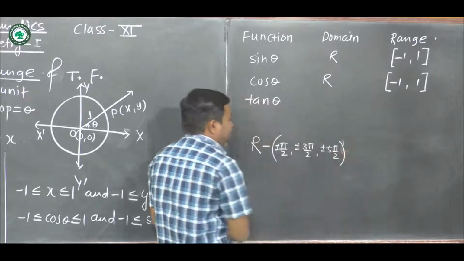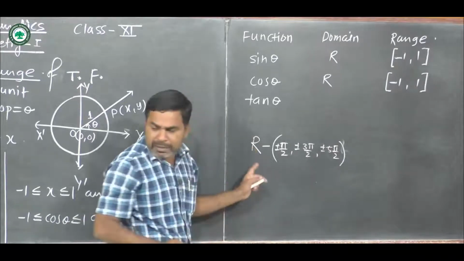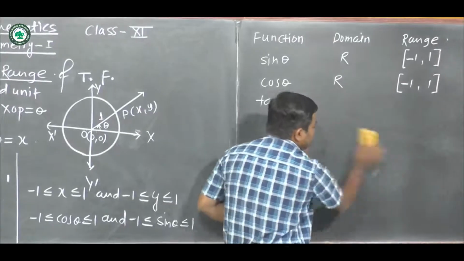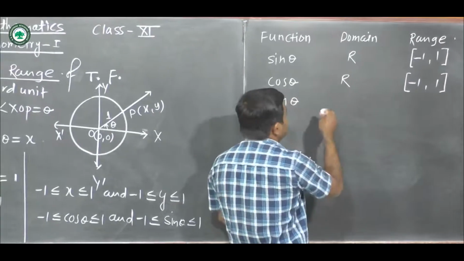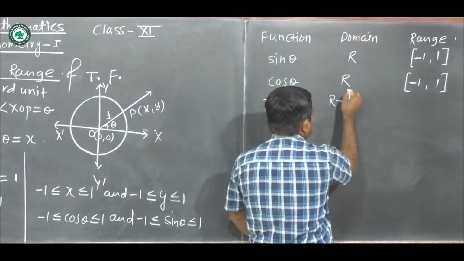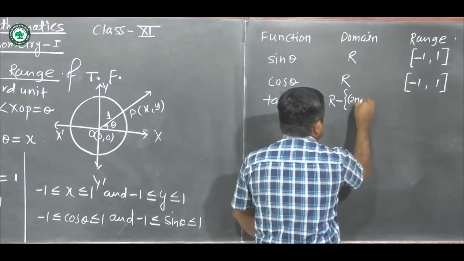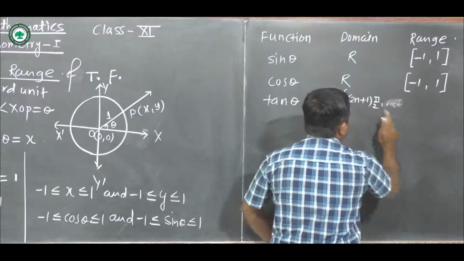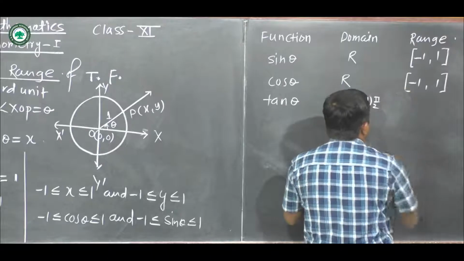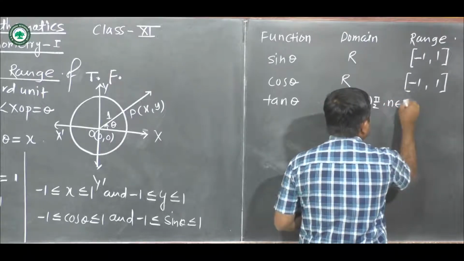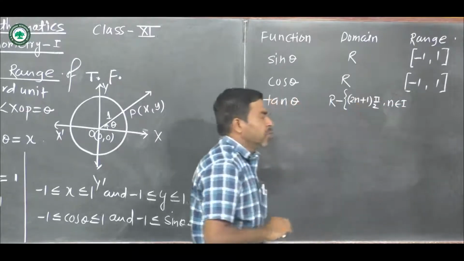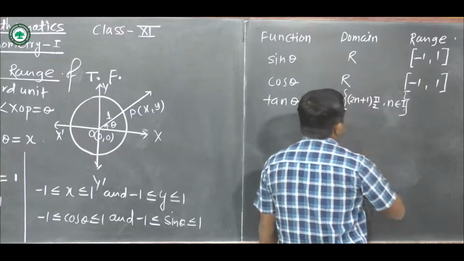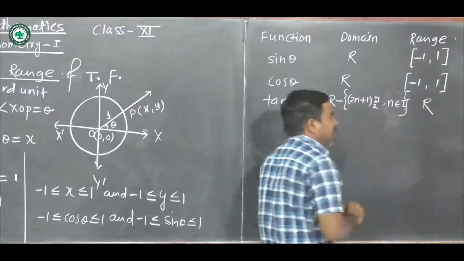So your domain is this one, and by using the property method, this set can be written as R minus (2n plus 1) into pi by 2, n belongs to I. I means the set of integers, positive integers, negative integers. And the range of the tangent function is capital R.